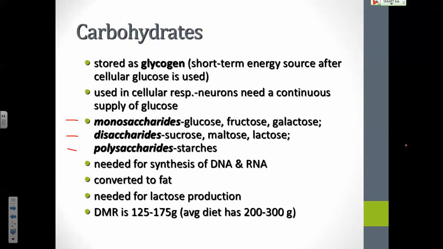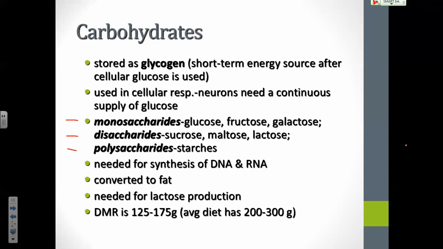As far as your food carbohydrates are concerned, the monosaccharides are glucose, fructose, and galactose. Most of our foods don't have just the pure monosaccharides in them. Usually glucose, fructose, and galactose are components of di- or polysaccharides in the foods that we eat.